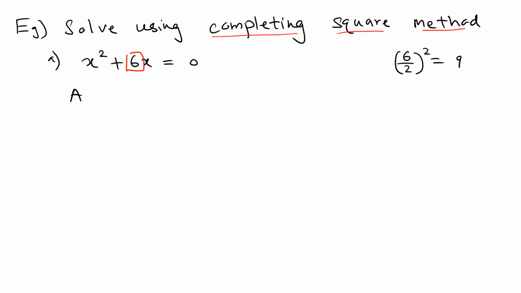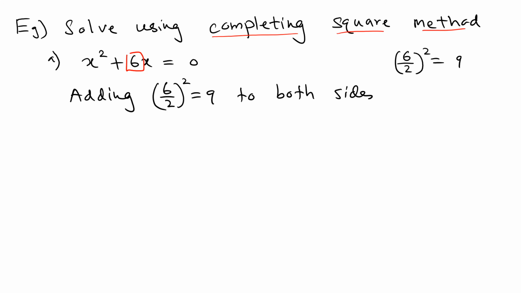So add 6 over 2 squared, which is equal to 9, to both sides. Why do we do that? Because that is the special term you need to add to the left hand side to make it a complete square. It's always the case.